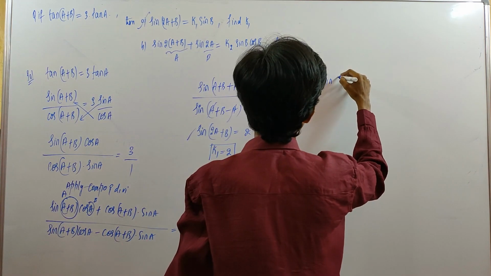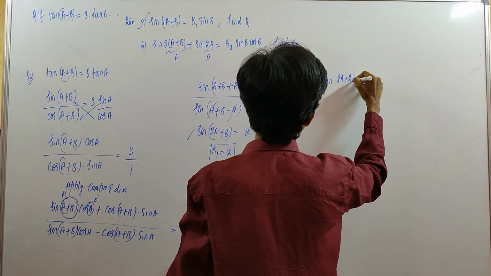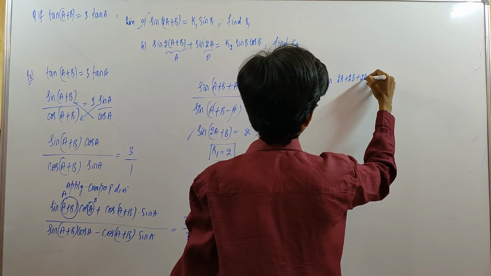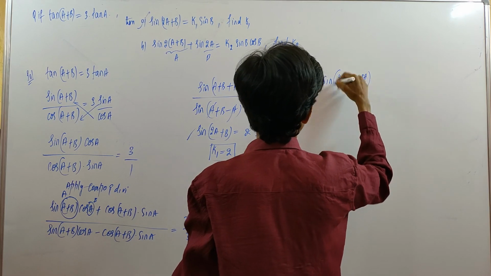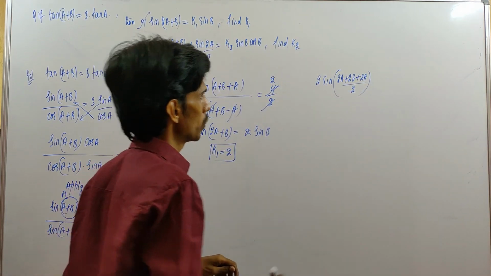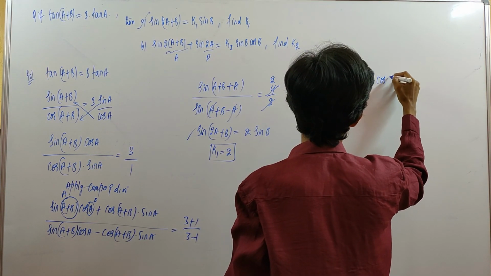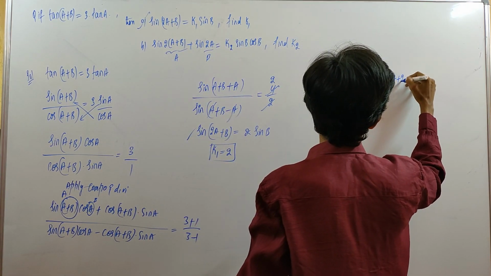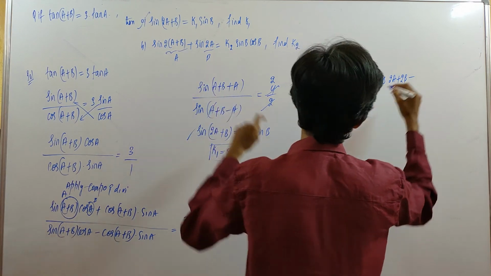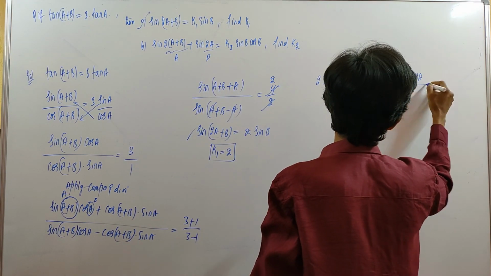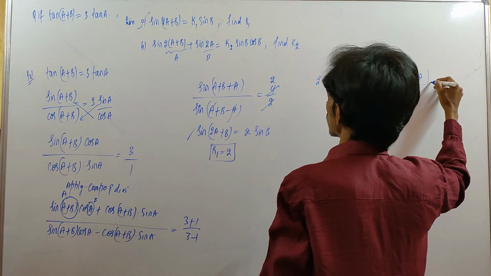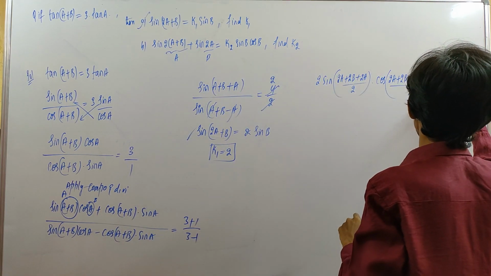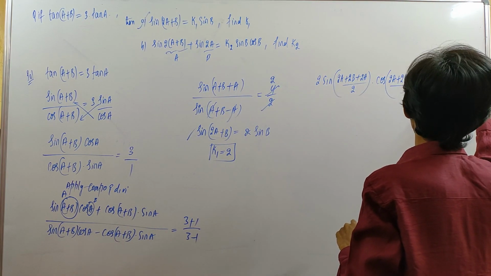Add these two, it will become 2a plus 2b plus 2a, by 2. C value is this, 2a plus 2b, minus 2a by 2, is equal to k2 sin b cos b.